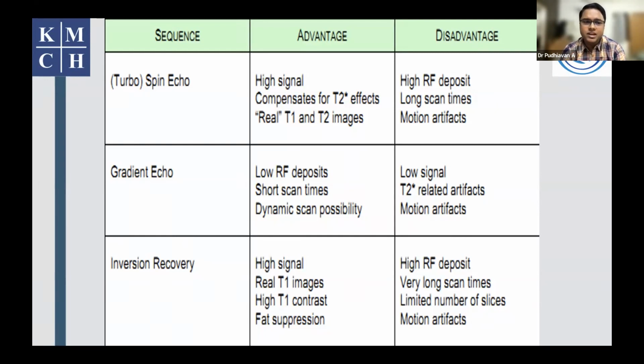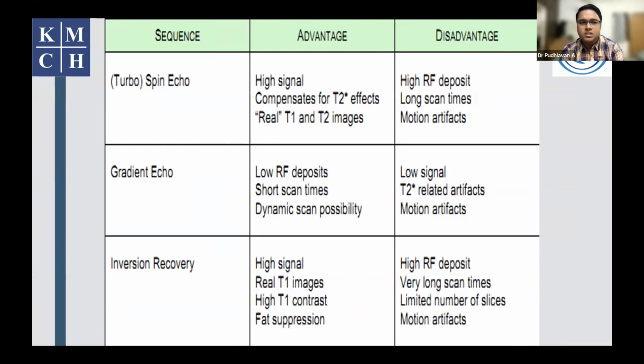The disadvantage of a gradient echo sequence is that it produces low signal because the gradient reversal, though it produces an echo, has an exponential loss of signal because of the free induction decay, and the magnetic field inhomogeneity related T2 star effects are more pronounced in gradient echo sequence.